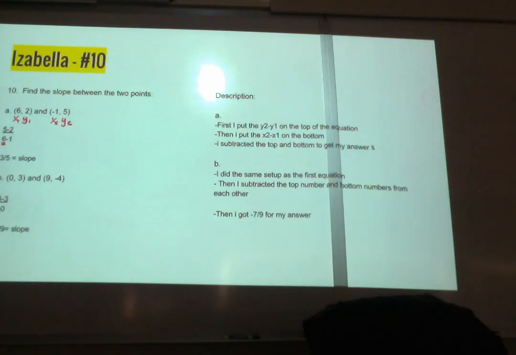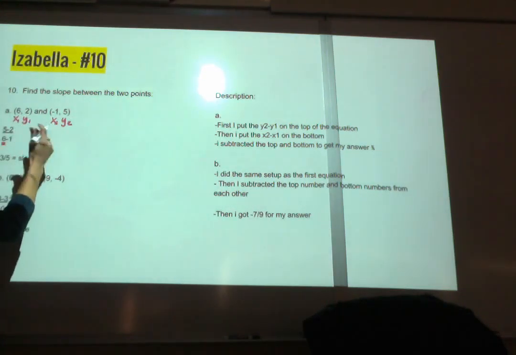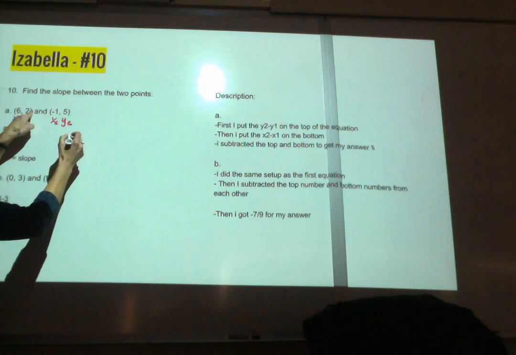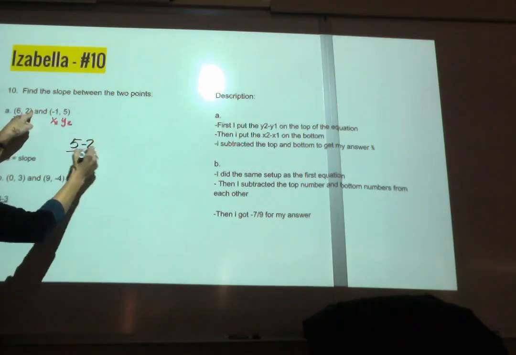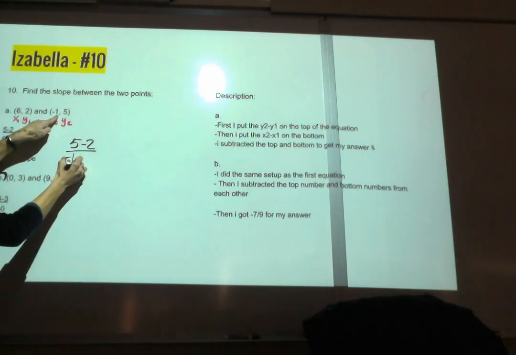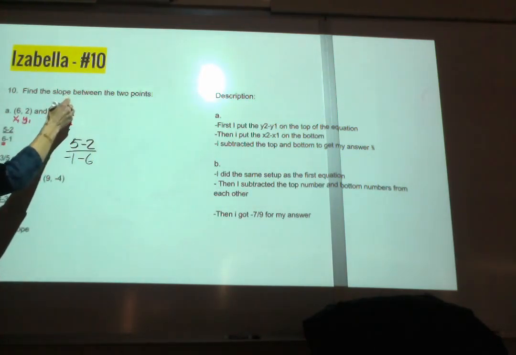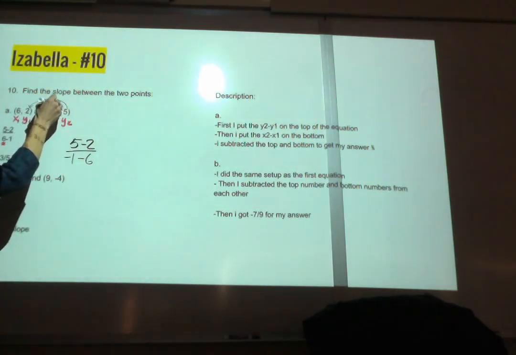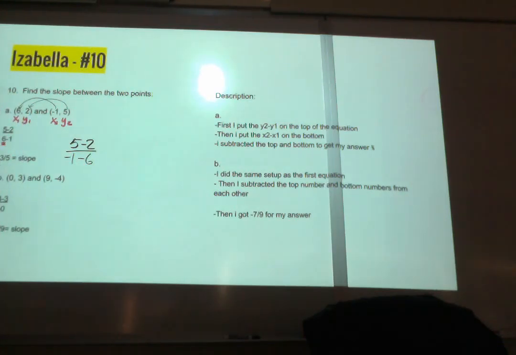So this one should look like, and this is okay. I'm glad you made this. You put that in there for us to illuminate how hard it is to keep this straight. 5 minus 2 is exactly how she started out. Then it should be -1 minus 6. So if she went this way, she has to go that way with the x's as well.